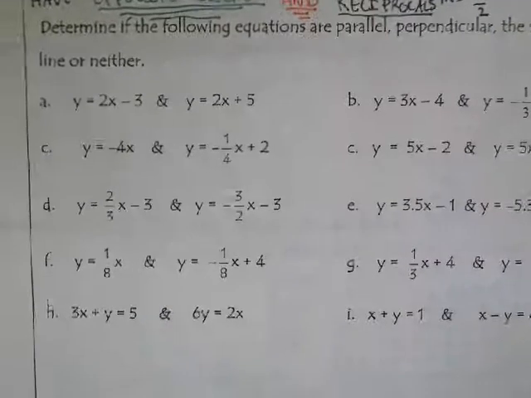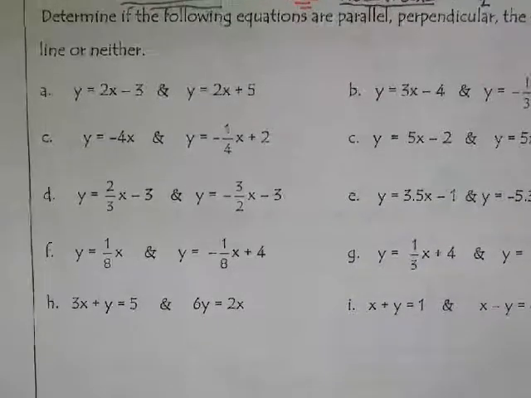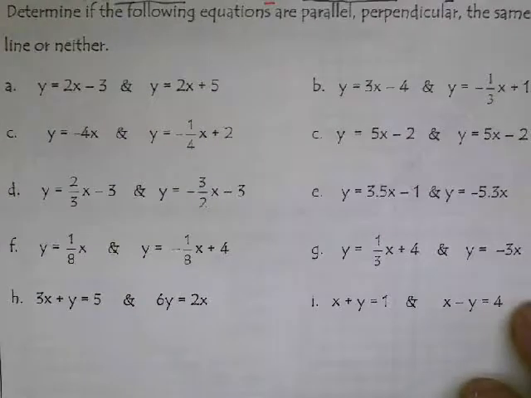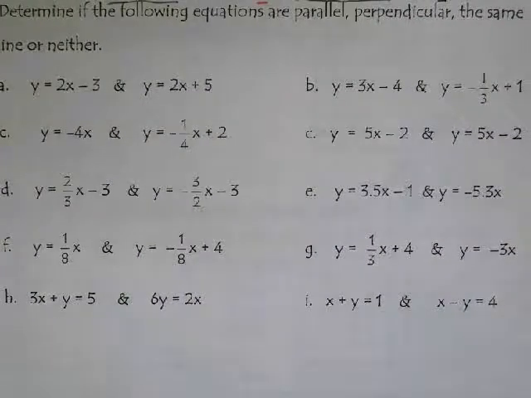So let's look at some equations and see if we can identify if they're parallel, perpendicular, or neither. And all we're doing is looking for the slope. The key point is just to find that coefficient of x, the number sitting right next to x, and decide, is it the same? Is it opposite and reciprocal? Or did they not fall under either one of these rules?